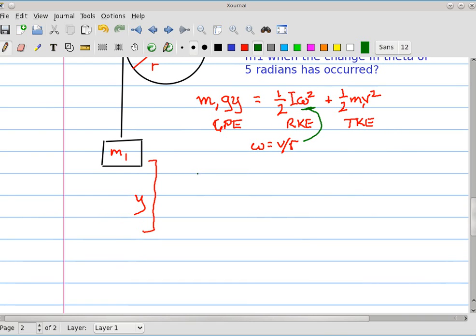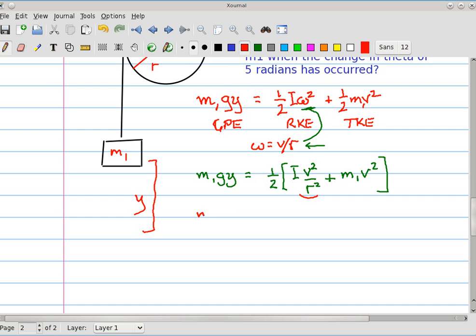So we have m1 g y equals 1/2. I'll factor that out to start with. I, well, omega squared now looks like v squared over r squared after this substitution, plus m1 v squared. Let's multiply everything by that r squared term because we don't like fractions until the very end.